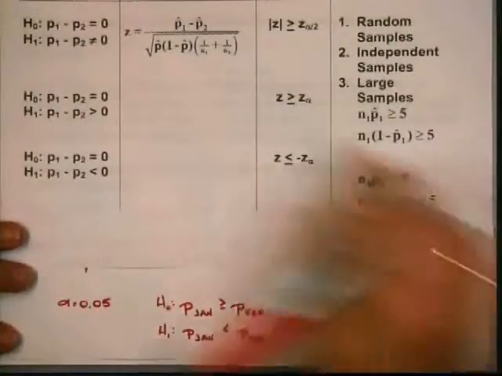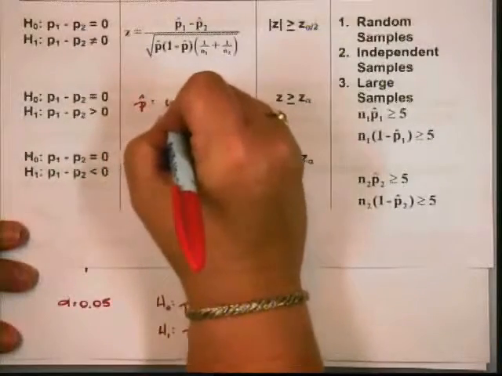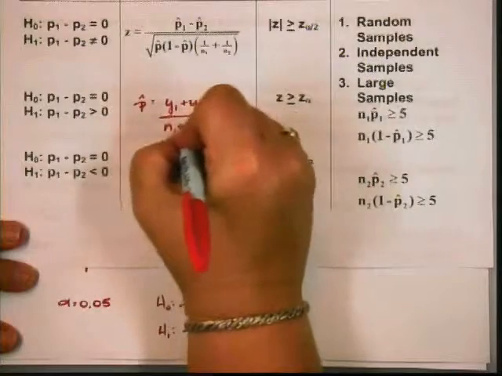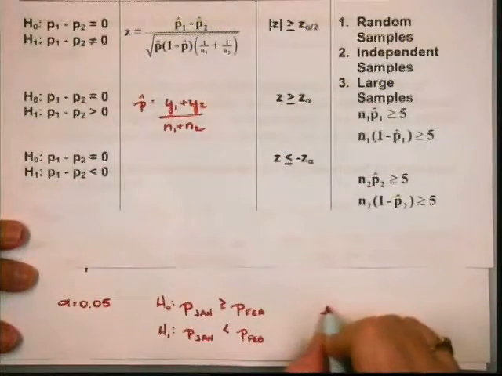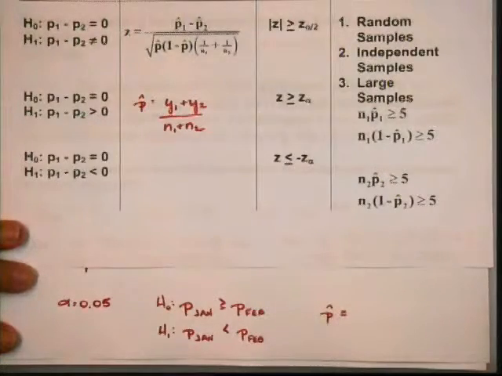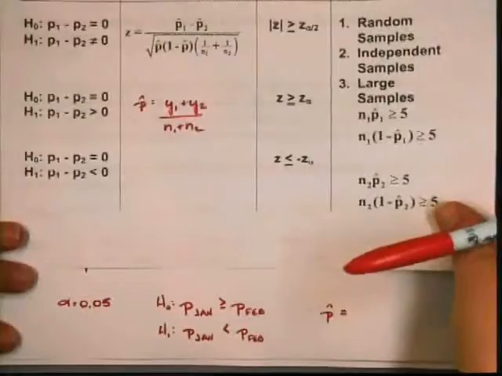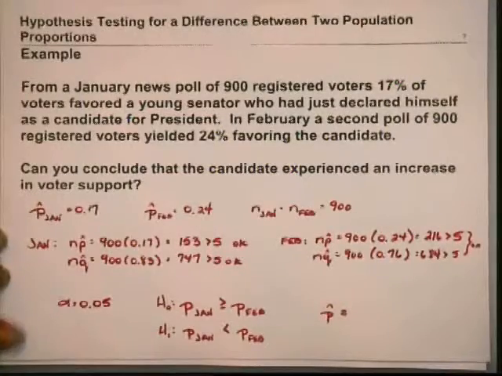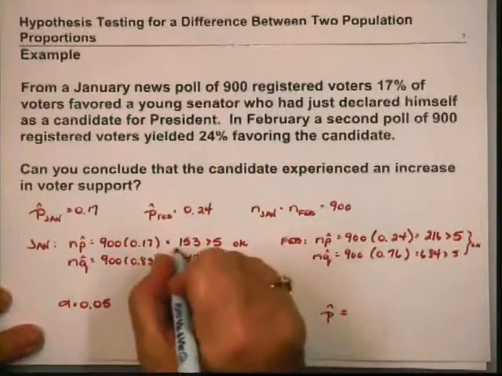So we need this value of p hat. So remember where p hat was equal to y1 plus y2 over n1 plus n2. I need p hat for our problem here, don't I? All right. So where is y1 on this page? This 153 would be our y1, wouldn't it?